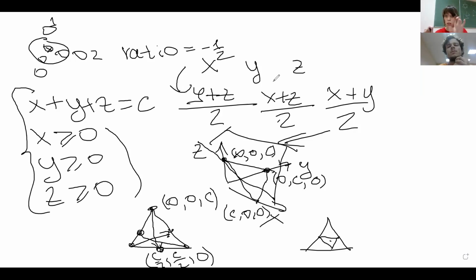So it shrinks and rotates. And its center is the centroid of the triangle, with coordinates C over 3, C over 3, and C over 3.